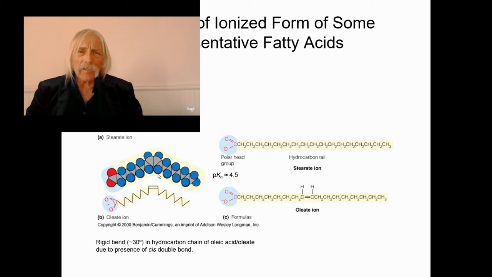So the double bonds in fatty acids play multiple roles, and one of them is to coordinate the macromolecular geometry and spatial isomery of the membrane itself. Okay? And that will lead to a whole host of biochemical and physiological functions. Okay?